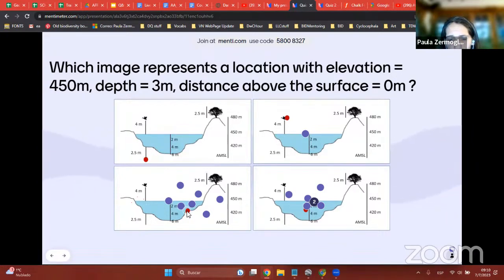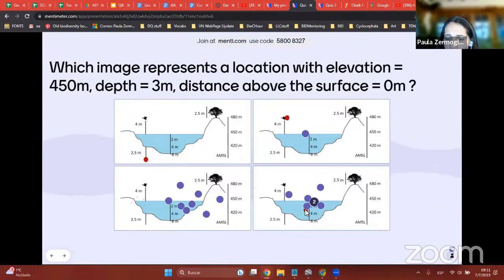So which is our reference surface here? The interface between the land and the water. And so this one is just on top of it, at 0 distance above the surface. So in this case, all the information that we have is correct.